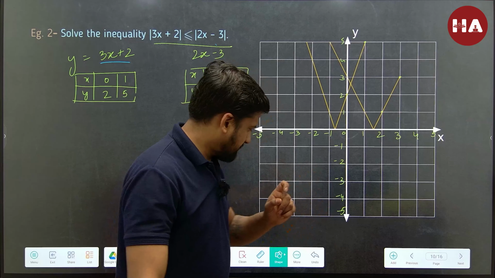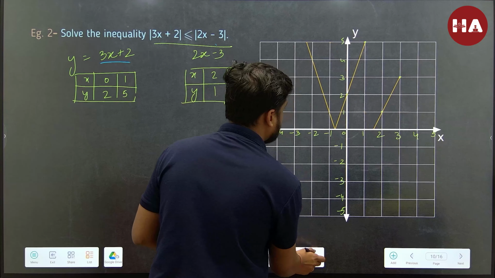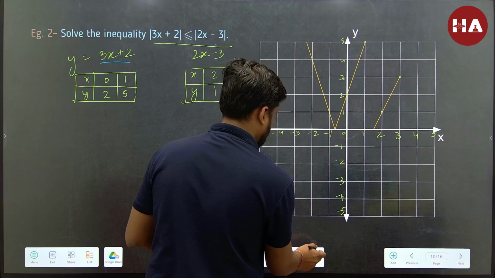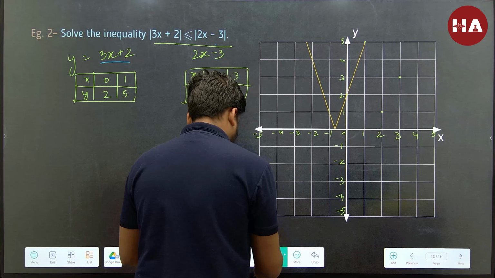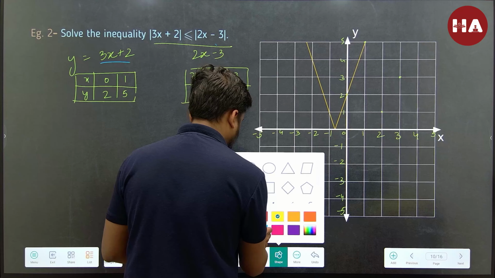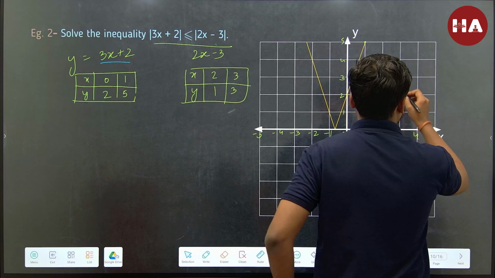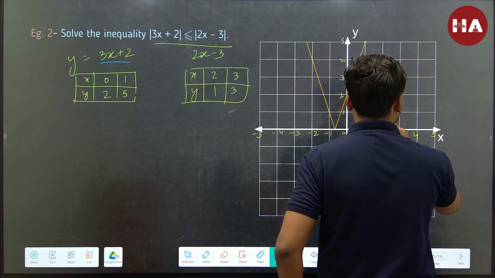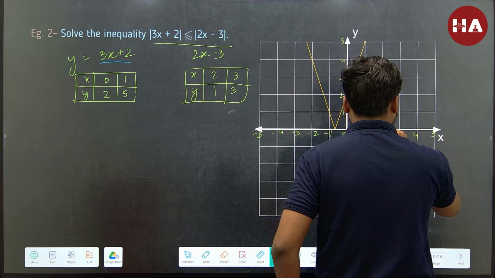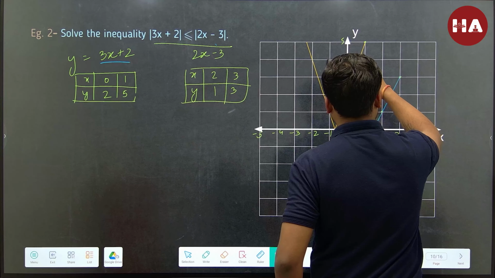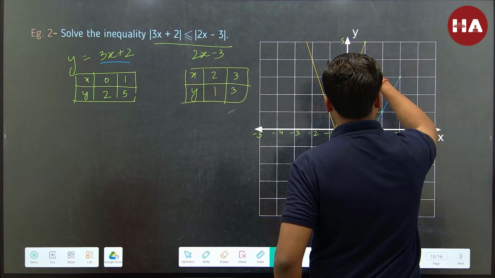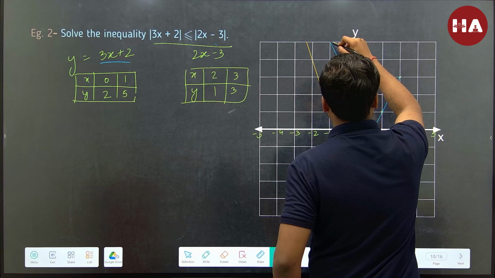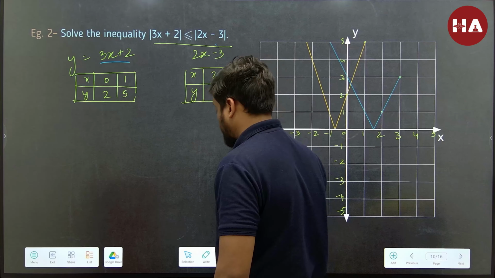Now, okay, wait. Let's choose a different color just for proper representation. So something like this, right?